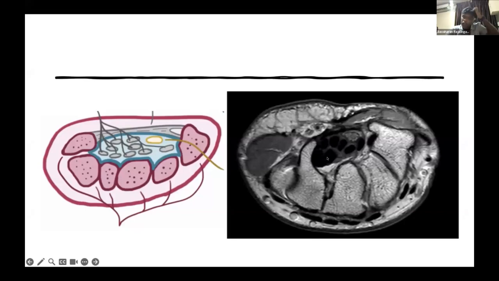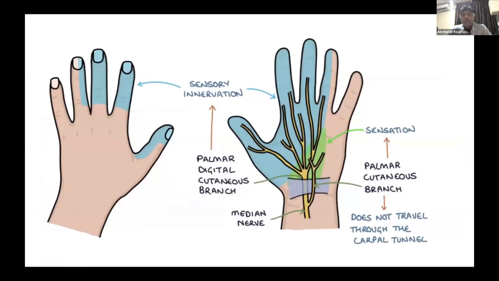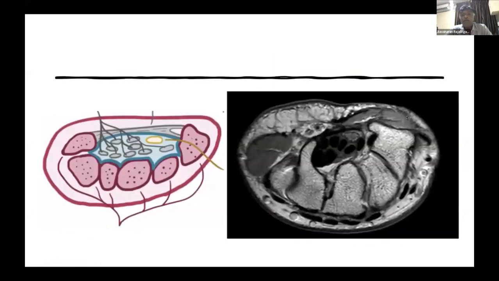And another important structure which we have to evaluate in all the imaging is the palmar-cutaneous nerve branch. Because see, this is the palmar-cutaneous nerve branch, and that palmar-cutaneous nerve actually divides and goes even before the median nerve gets into the carpal tunnel. So we have to be very aware about where the palmar-cutaneous branch is, whether it is MRI or ultrasound.